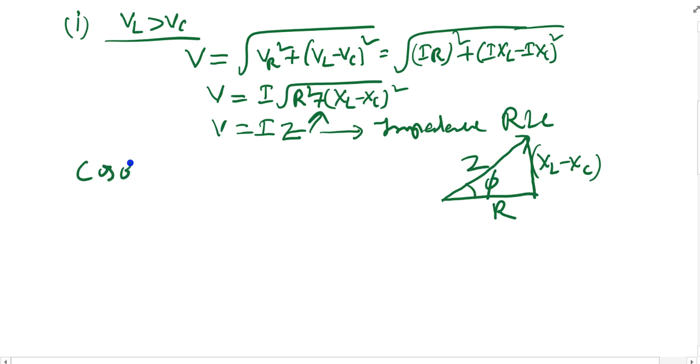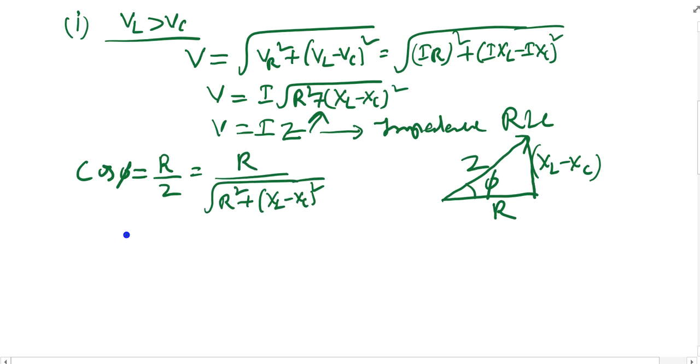From this impedance diagram you can write cos phi is nothing but R by Z, or R by the square root of R square plus XL minus XC whole square. Or if you want to calculate tan phi, then phi is the tan inverse of XL minus XC by R.